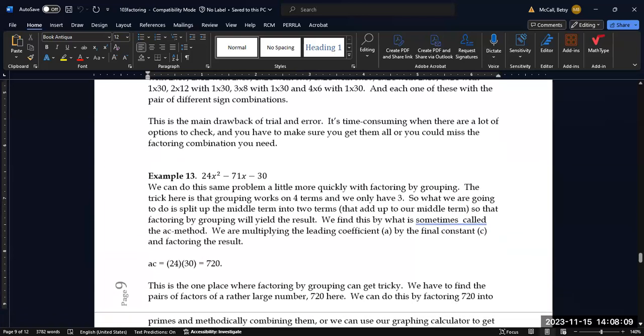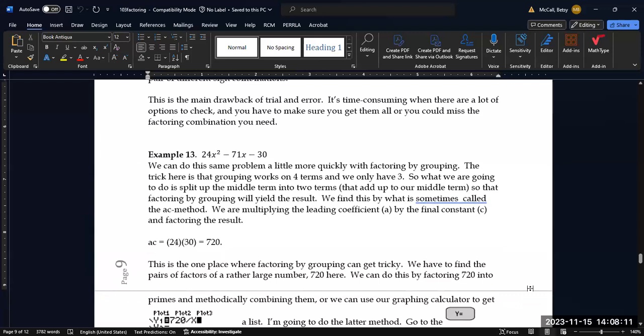Now, the main drawback with factoring by grouping is that in order to figure out how to separate these 3 terms into a combination of 4 terms, basically by splitting up this middle guy, you're going to have to multiply the coefficient on the front by the constant on the end. And sometimes this is called the AC method because in a quadratic expression, this is the A coefficient and this is C, and you're multiplying them.